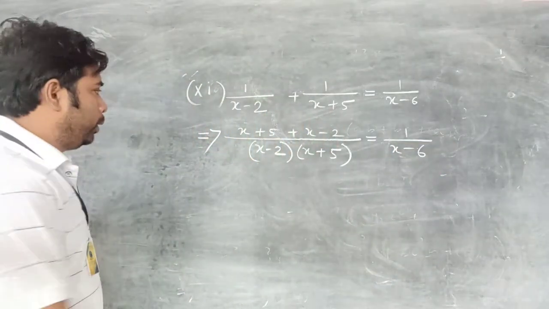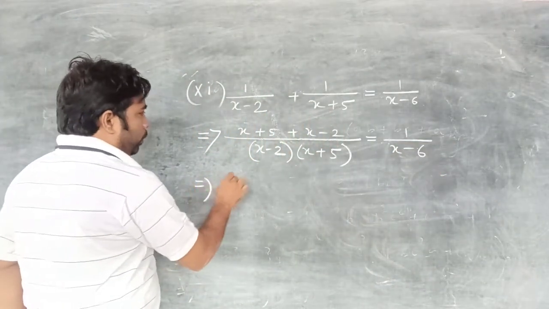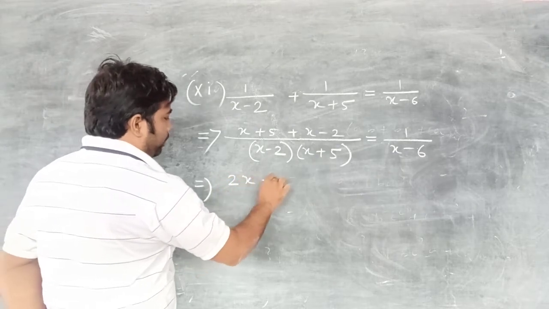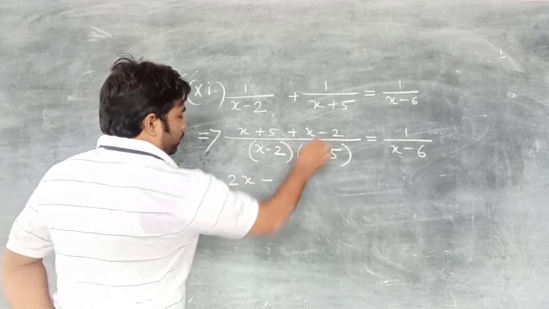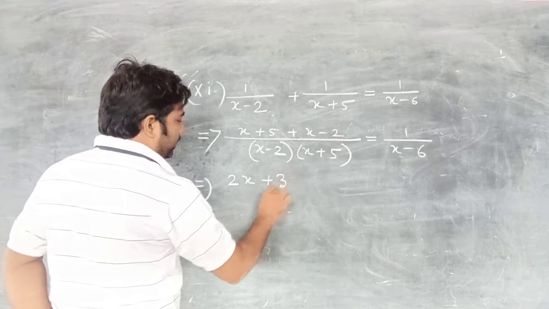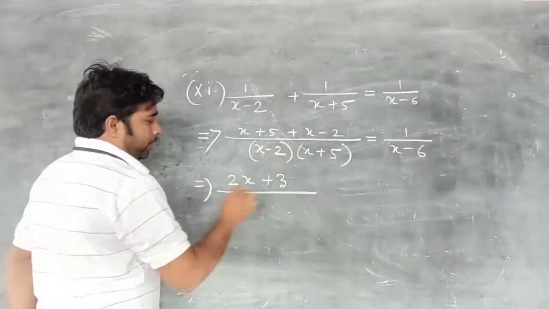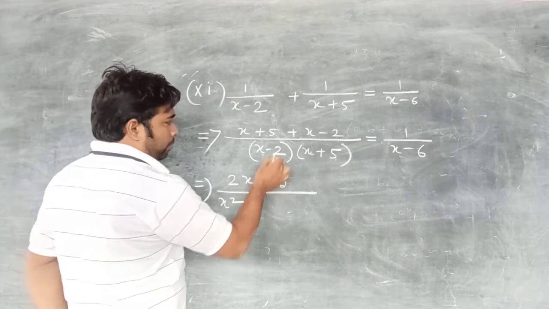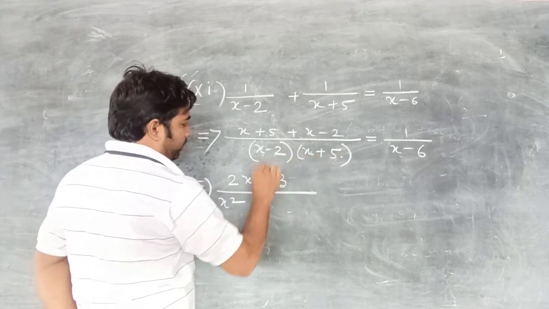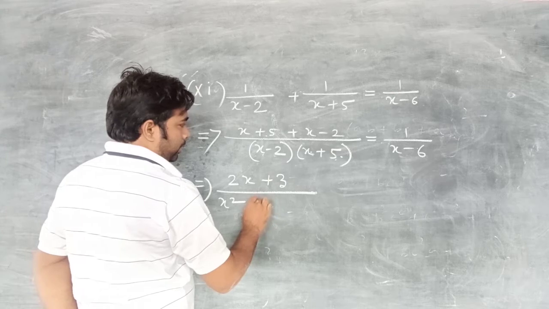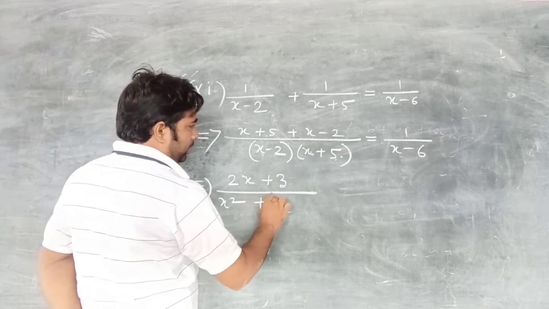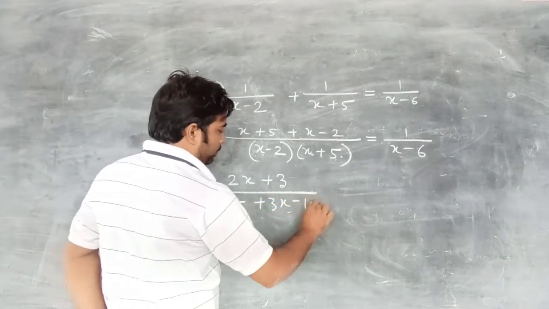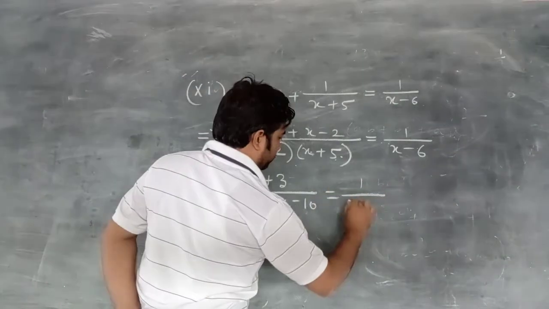So this is twice x plus, 5 minus 2 is 3, so this is twice x plus 3, and let us multiply the terms in the denominator. So this is x square minus 2x plus 5x, so this is 3x minus 10 equal to 1 by x minus 6.